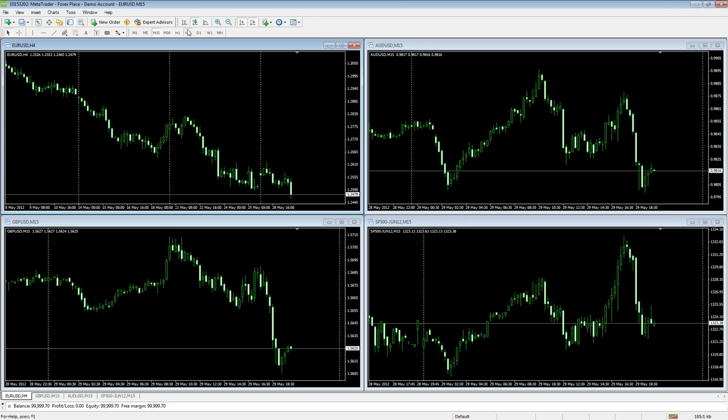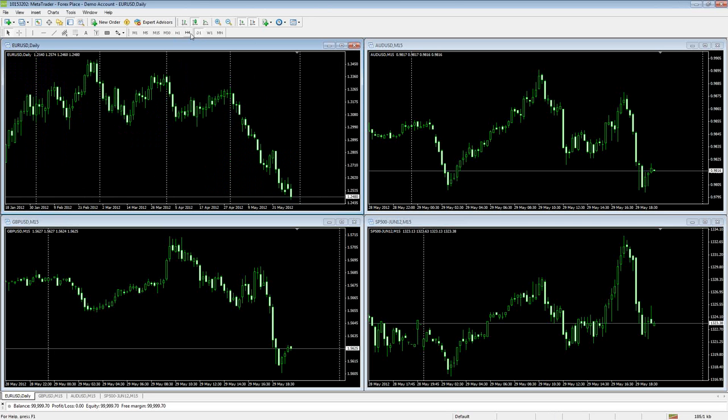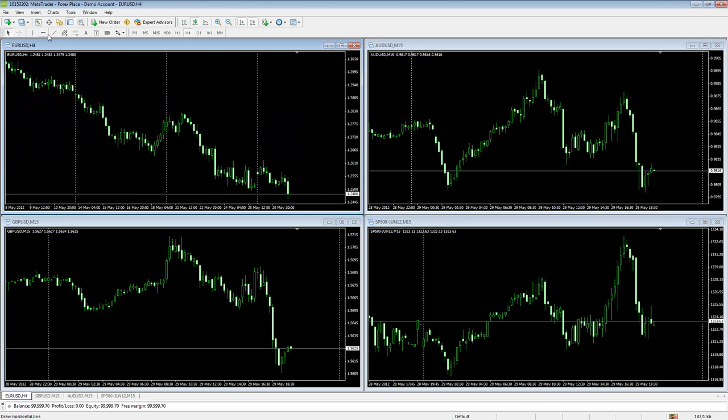If we look here, even on the daily chart or the 4-hour chart, you can see how the euro dollar and other currency pairs such as the pound dollar have broken their previous lows in the last few months, the lowest point in the last few months. We'll talk about it a little bit later.